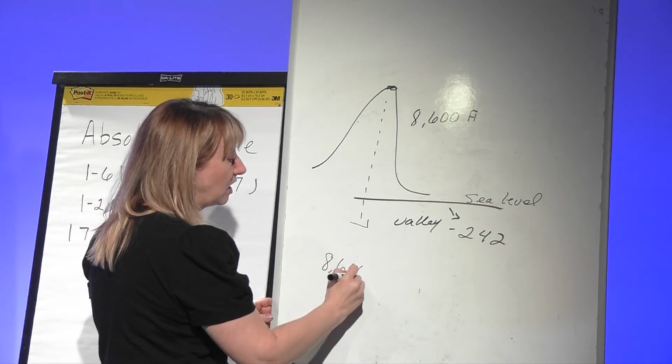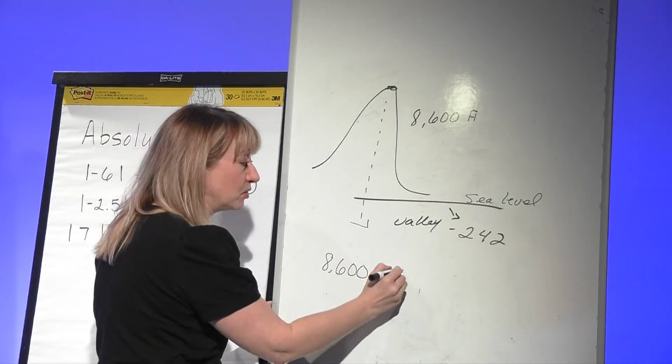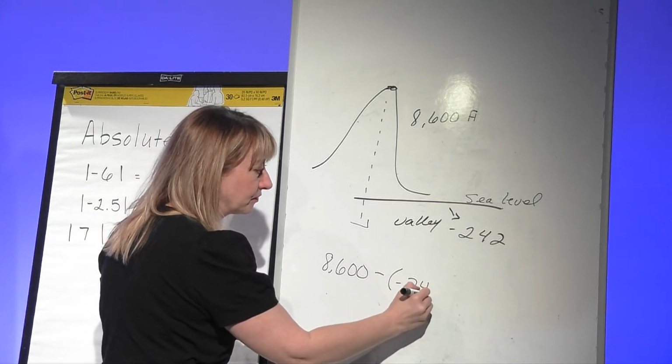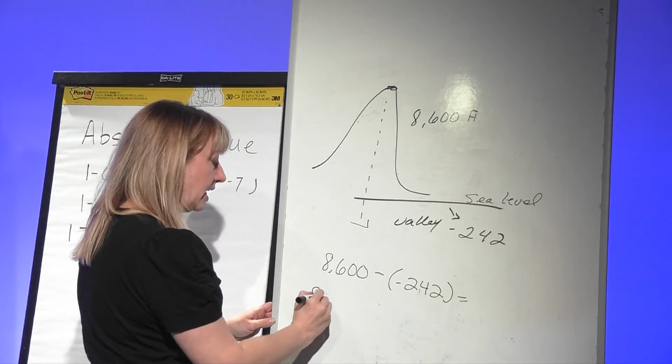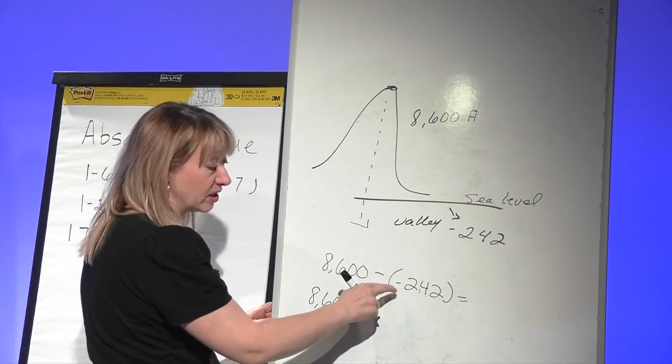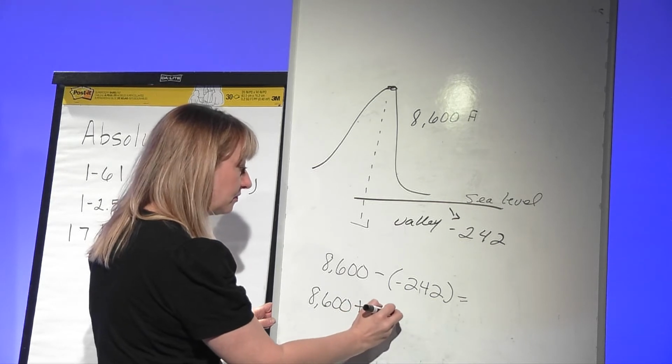You would start from 8,600. You're subtracting, but remember you're subtracting a negative number. So you have 8,600. Now remember, when you're subtracting a negative, you actually add it.